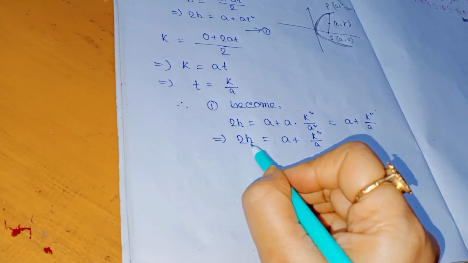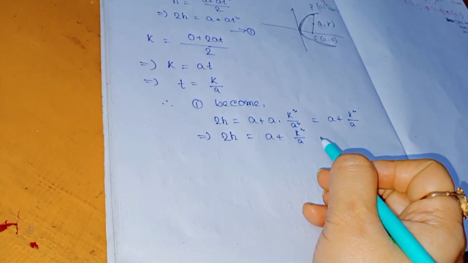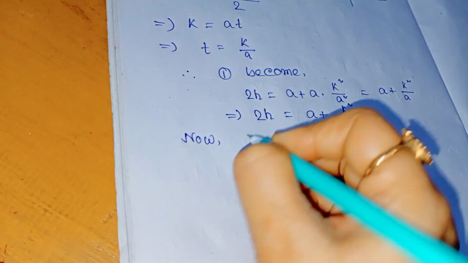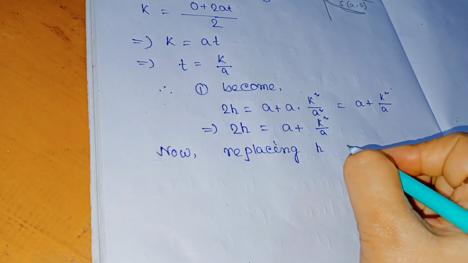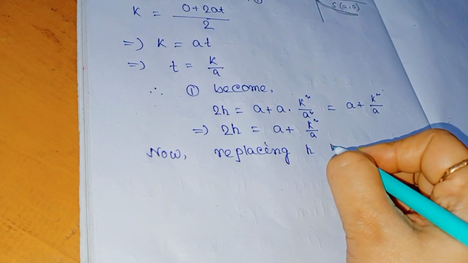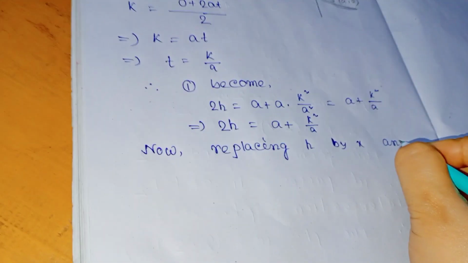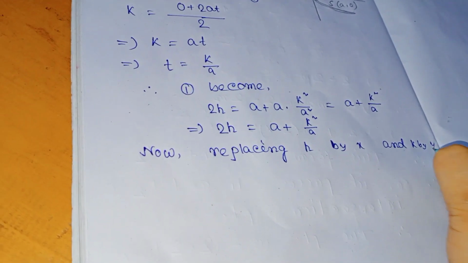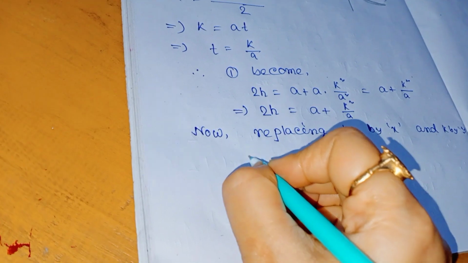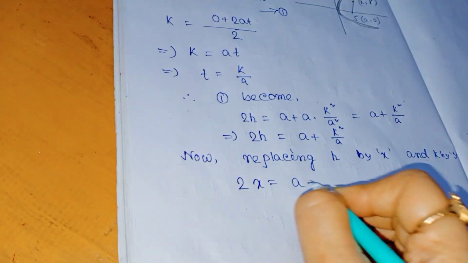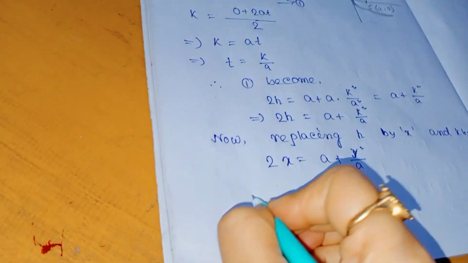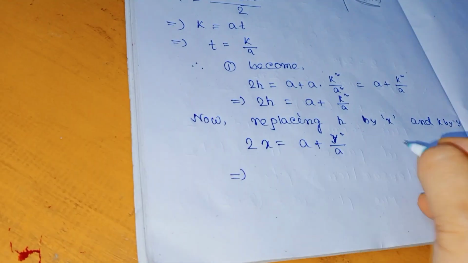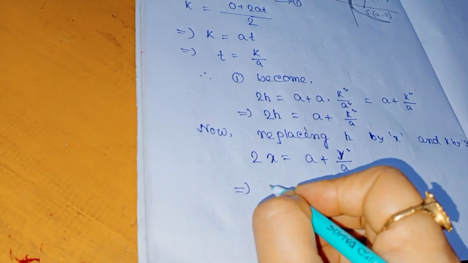So we now replace h by x and k by y. This equation becomes twice x is equal to a plus y squared divided by a.